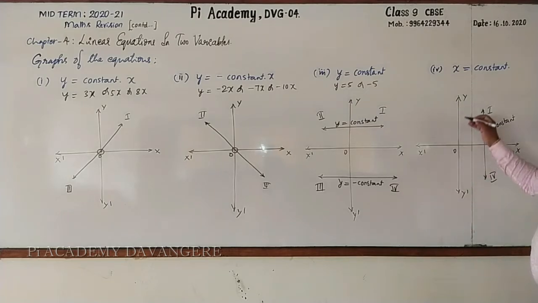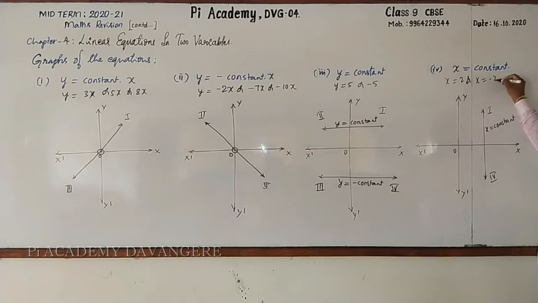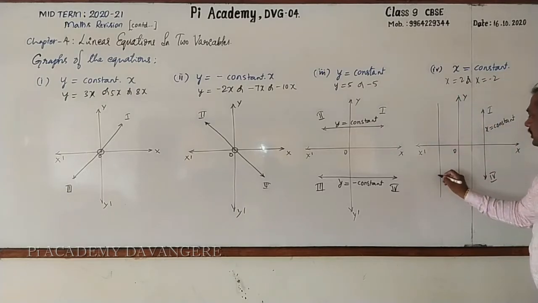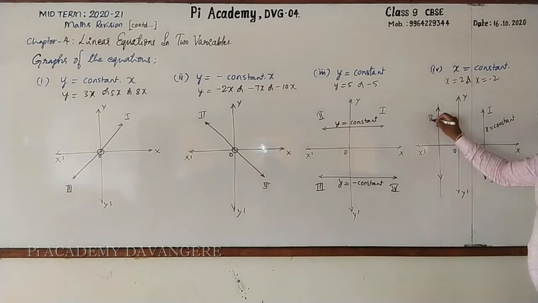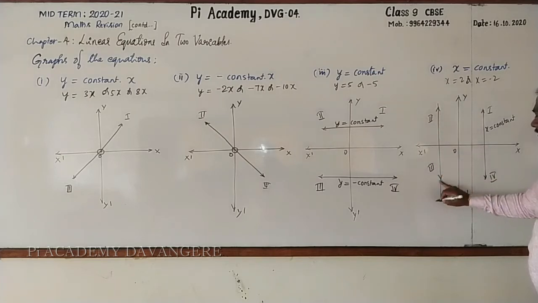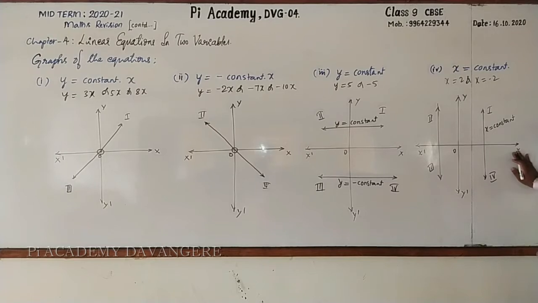If it is x equal to minus constant, again it is parallel to the y-axis, but passes through the second and third quadrants. Got it? Please do remember all four. They are all very important.